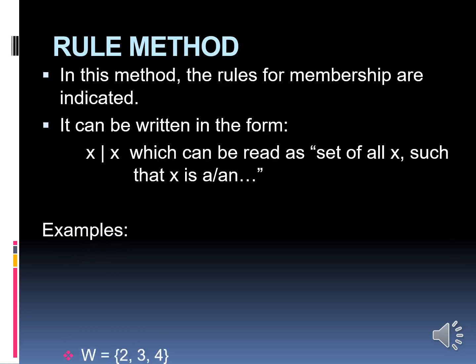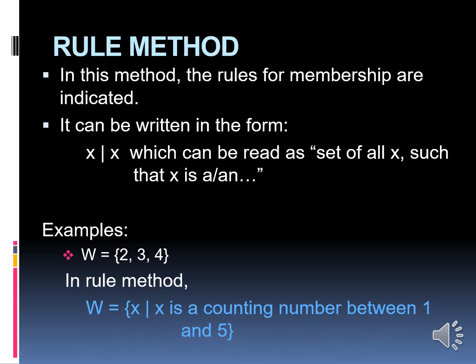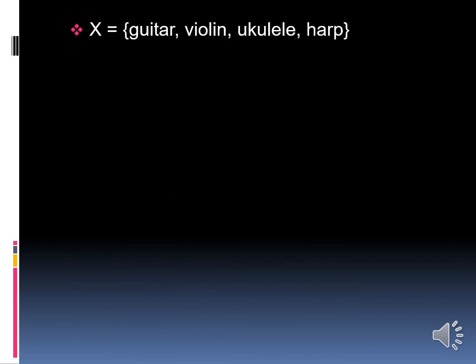For example, I have a set W which has 2, 3, and 4. So by rule method, we write it as W is a set of all x such that x is a counting number between 1 and 5. Another example, X, which has the elements guitar, violin, ukulele, and harp.